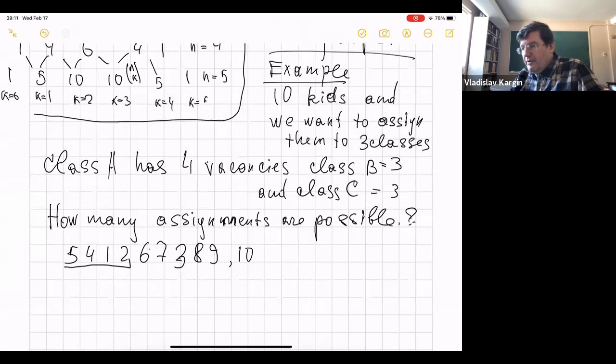This will be our class A, this will be our class B, and this will be our class C.